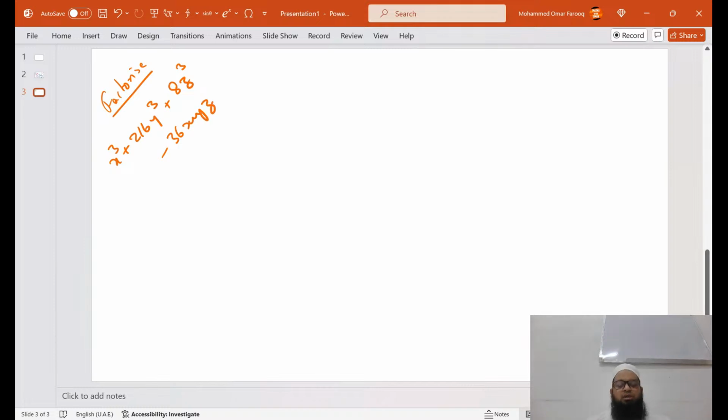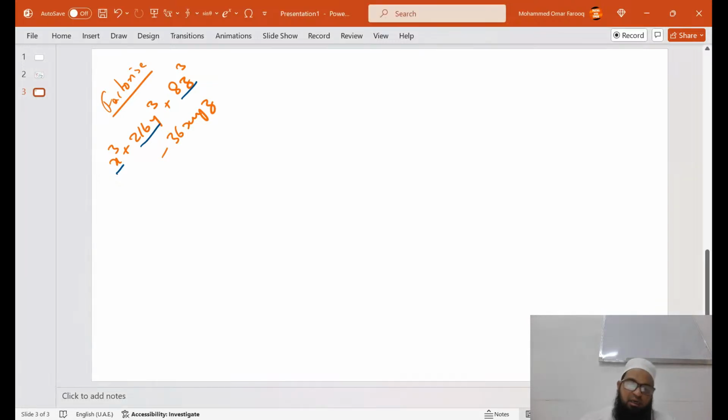See, students, whenever you see these kinds of problems, we can see that there are three cubes. This is a cubic term, this is a cubic term, this is a cubic term. Understood? When you have three cubic terms, we have to remember the identity given in the polynomials.